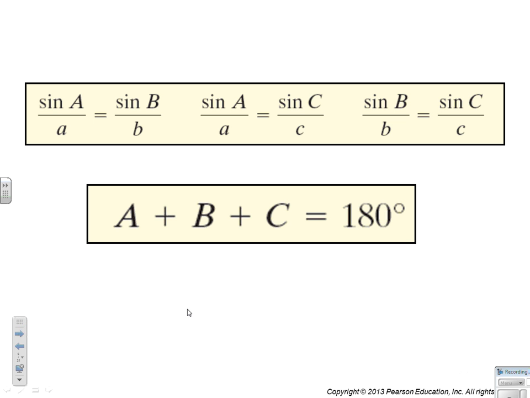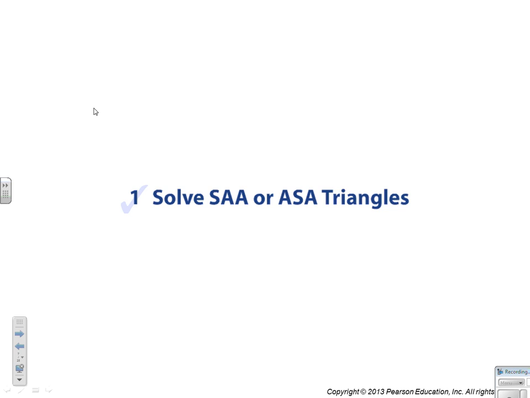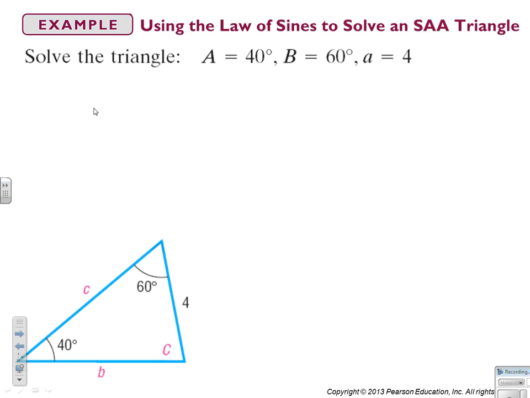So you can split up the extended proportion. If you only have angles A and B, you definitely want to condense the proportion and use sine A over a equals sine B over b. All right, so let's solve it.